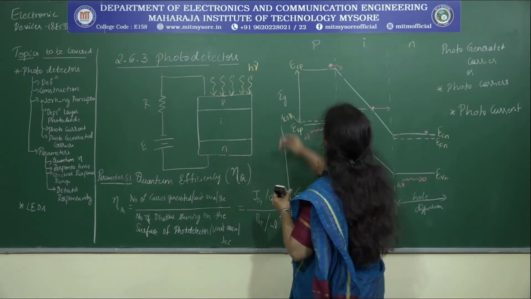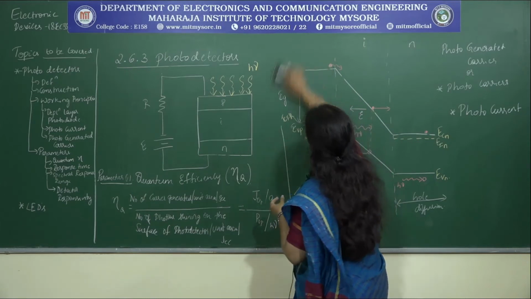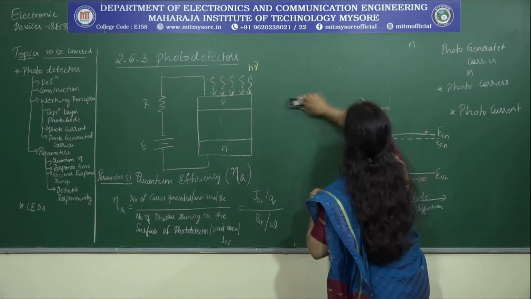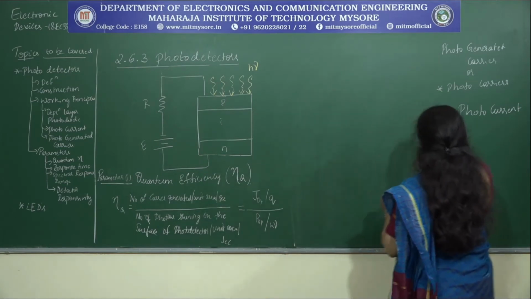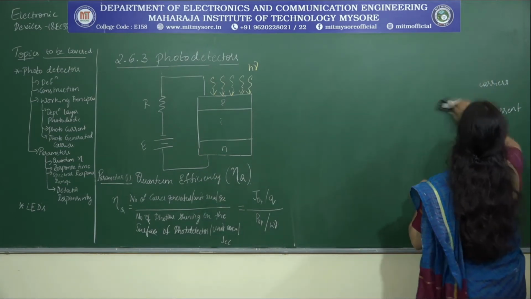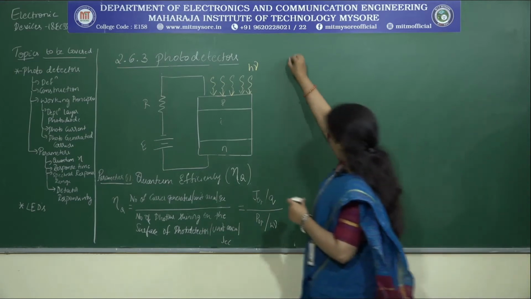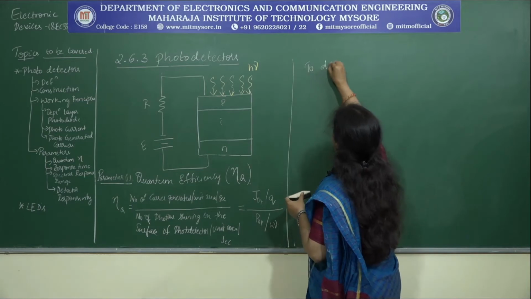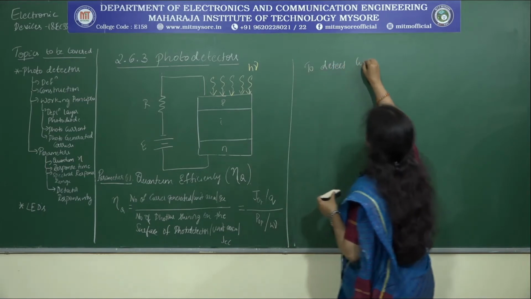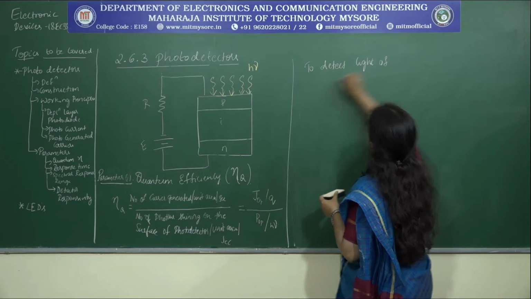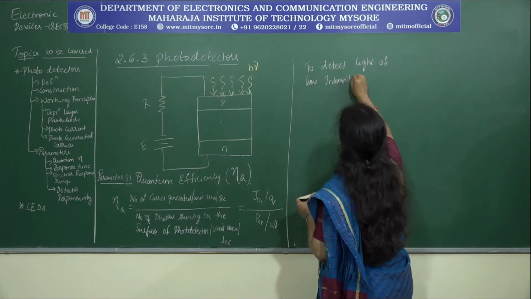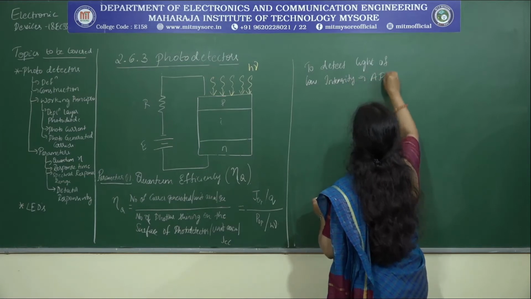Now, what are avalanche photodiodes? In order to detect light of lower intensity, we need special kinds of photodiodes.